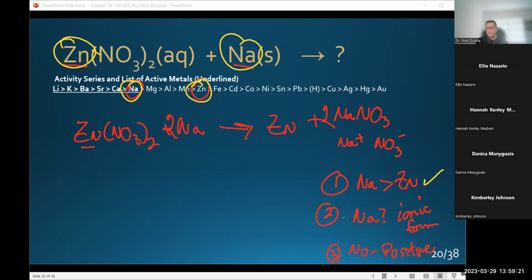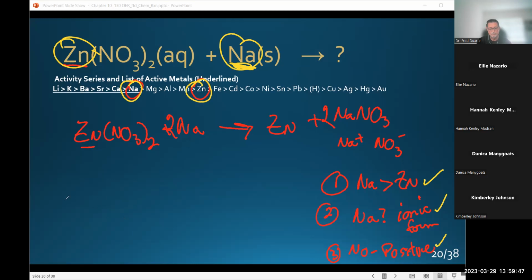Then we asked the question, is the most reactive metal in ionic form? Well, no, it's not. It's in elemental form, which tells you that yes, it's going to be a positive reaction. We're going to exchange partners. If the most reactive metal is in ionic form, then no reaction.